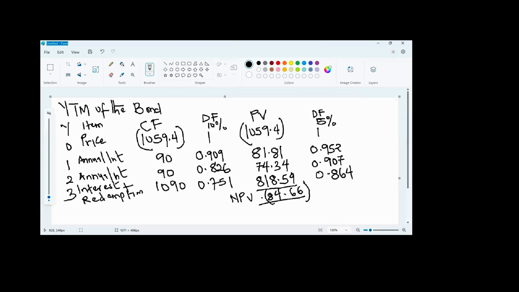Now get your present value. This will give us 1059.4 in brackets. 85.66. Next, 81.63.